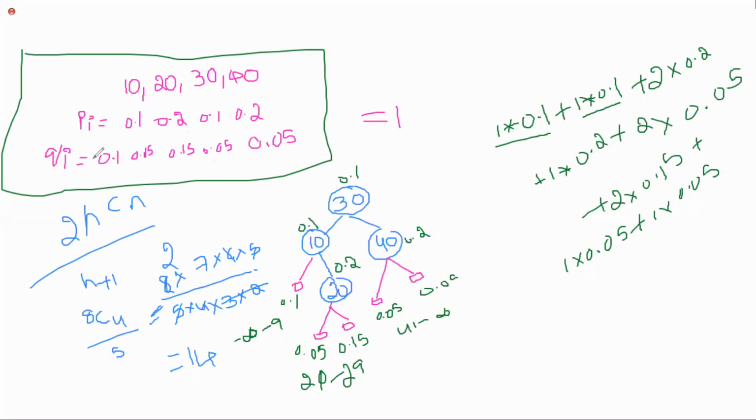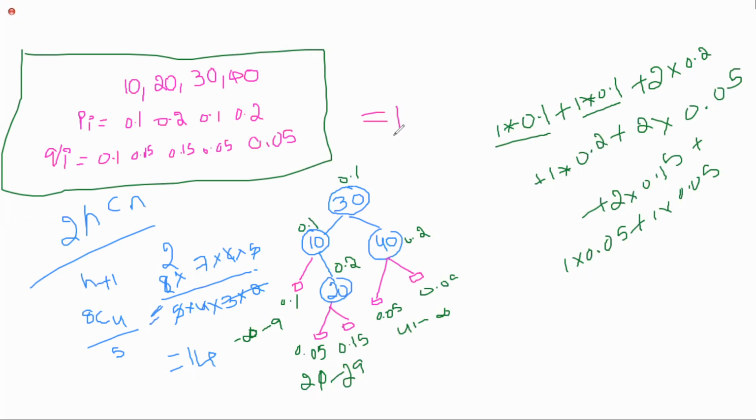If the node is available, you have to give the output that yes, the node is available and it is successful. When the node is not available, you also have to inform the user that the node is not available, and you call it an unsuccessful search. Both you have to explain. If you add these two, successful plus unsuccessful, you will get the probability as 1.